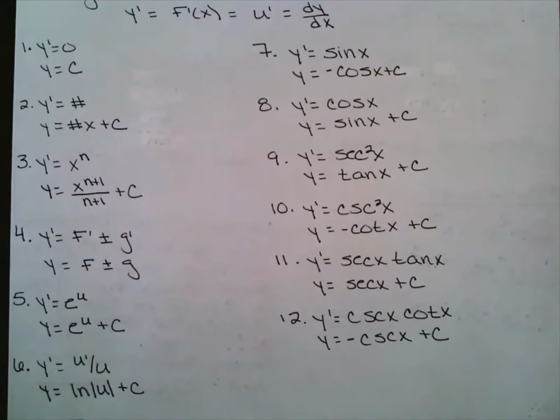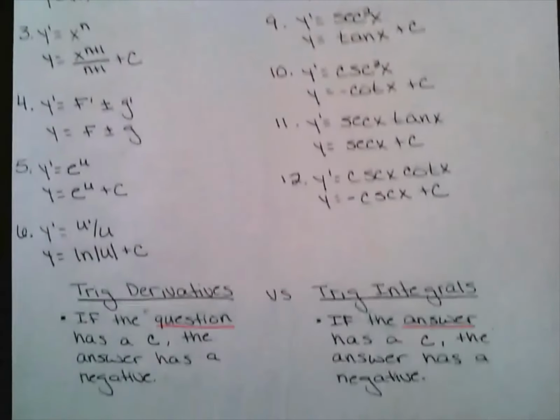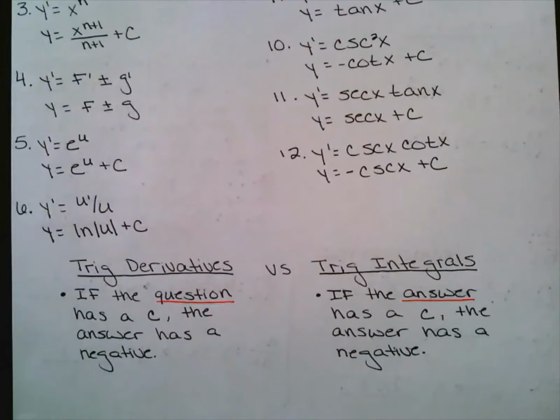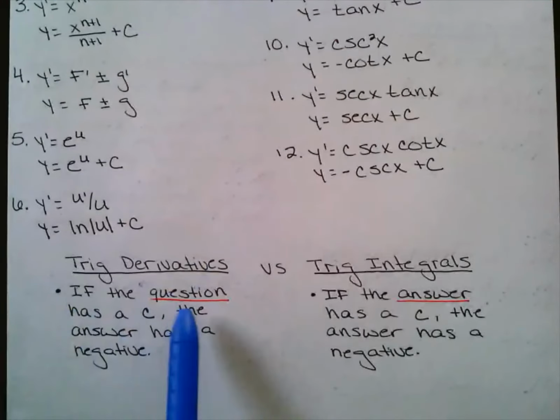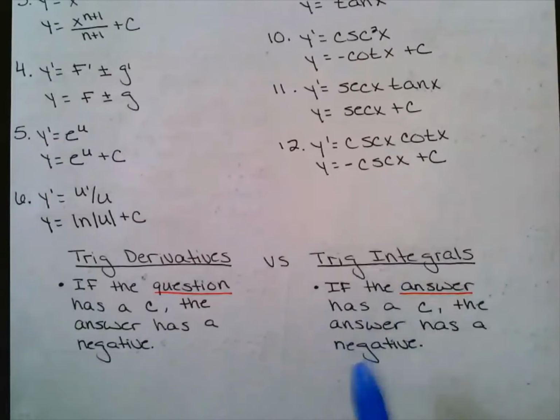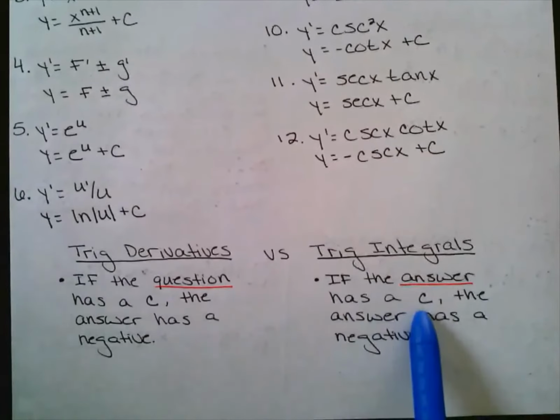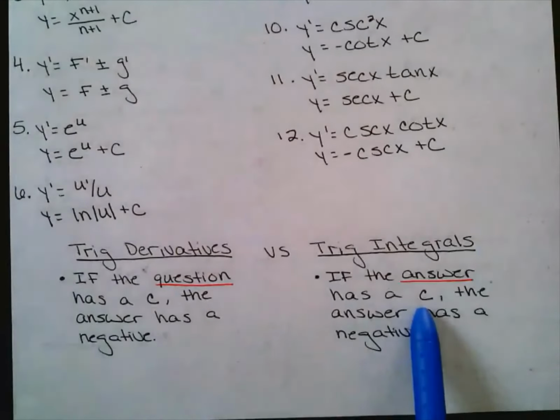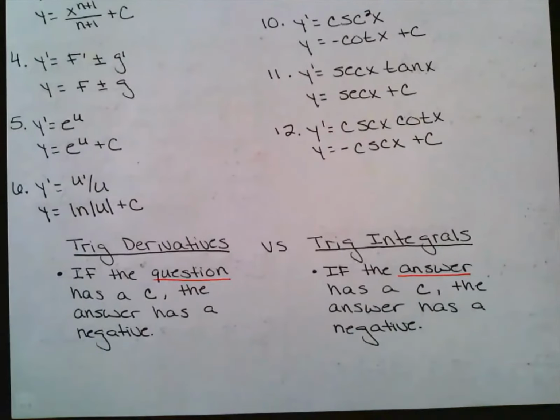If the answer has a c, it gets a negative. So be very careful with that. That usually stumps students all the time. And I wrote down that rule here so you can put it in your notes. For trig derivatives, if the question has a c, the answer has a negative. For trig integrals, if the answer has a c, meaning starts with cosine, cosecant, cotangent, then the answer has a negative.